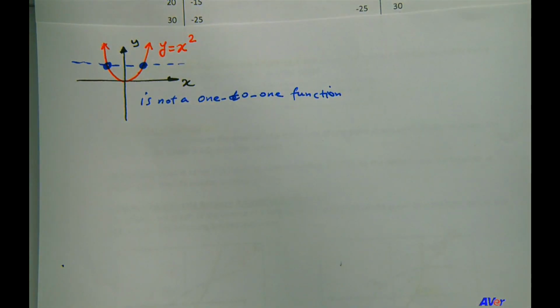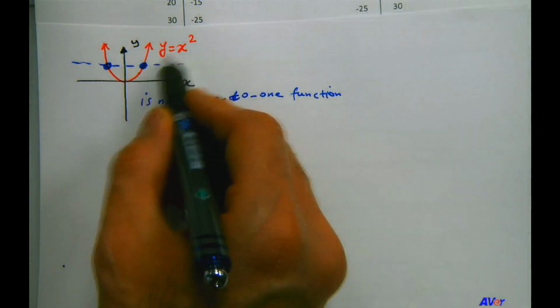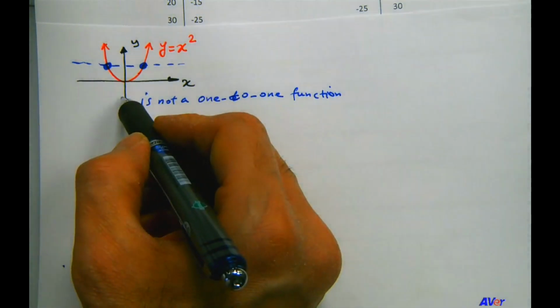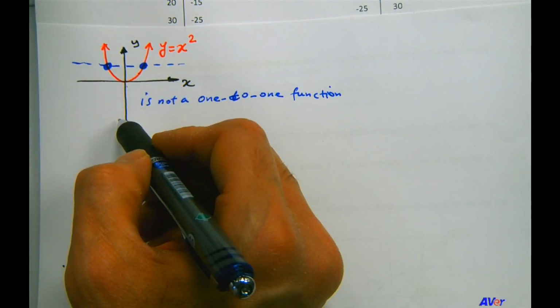But can we make this function so that it does have an inverse? Absolutely we can. How? Well, if we restrict the domain of this quadratic function to 0 to positive infinity, what are we going to get?